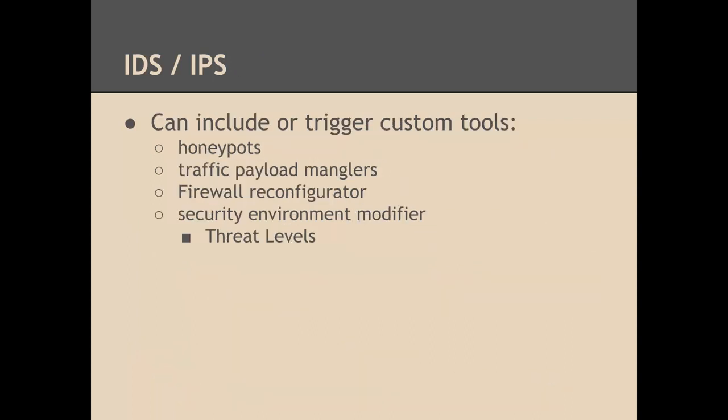So these can be interfaced or can trigger various tools, including there's a common body, there's a body of research into moving targets, and that if you detect an attack, your DHCP server for your network can reassign everyone's IP address.